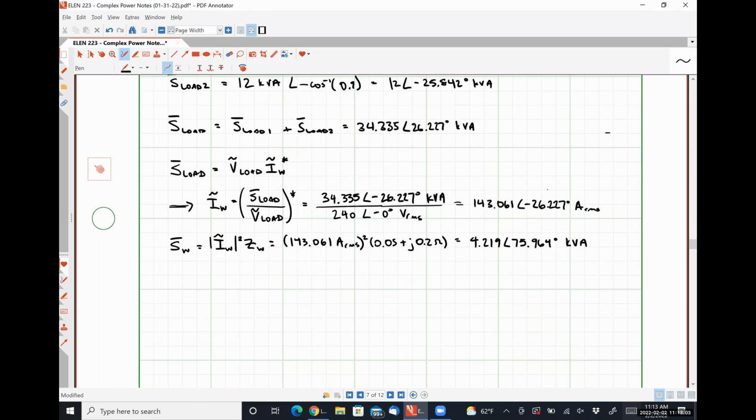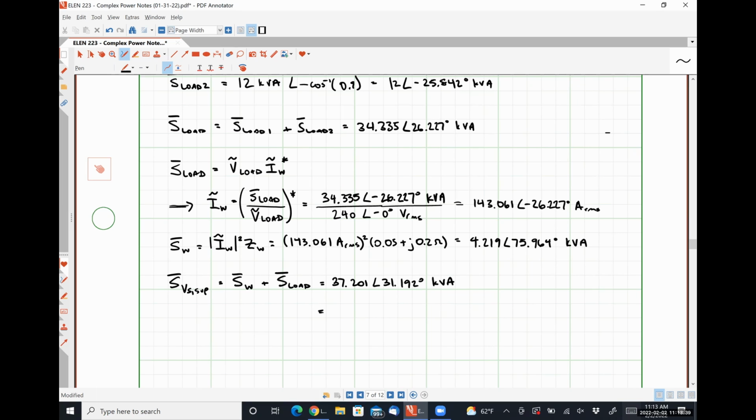So the complex power supplied by our voltage source, call this S supplied, is simply the quantity S_W plus S_load, which I get to be 37.201 angle 31.192 degrees kilovolt amperes.